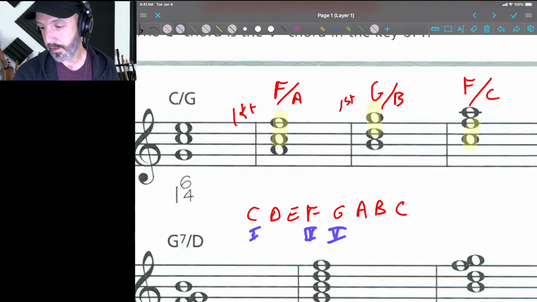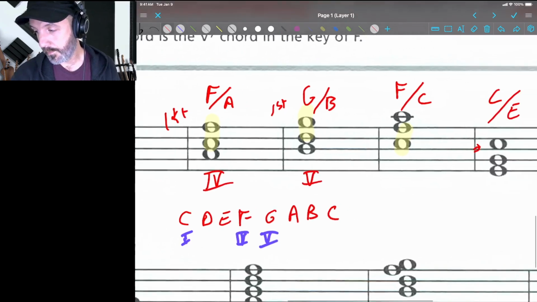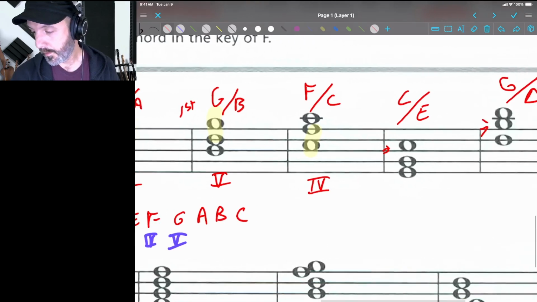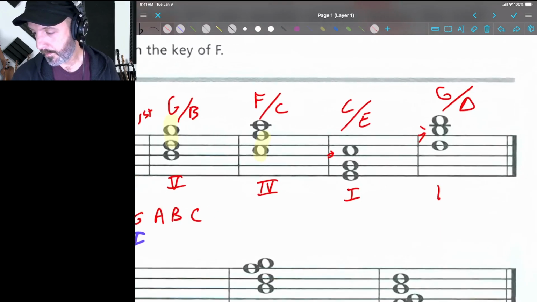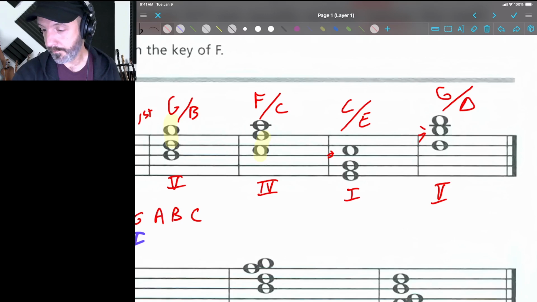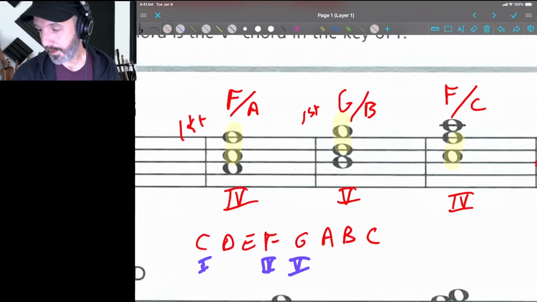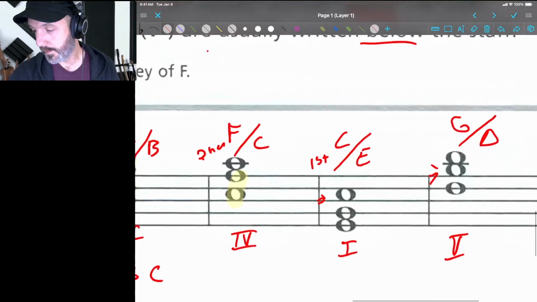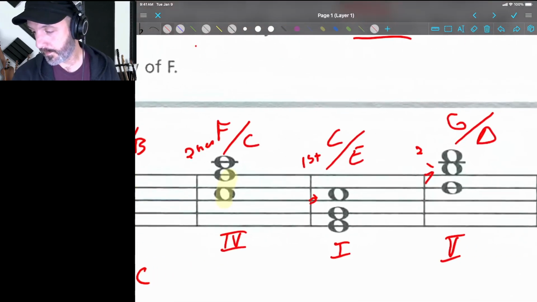So this is going to be a 4 chord, 5 chord, 4 chord, 1 chord, 5 chord. Now that we already figured out what the inversions were, this was second inversion, first inversion, second inversion.